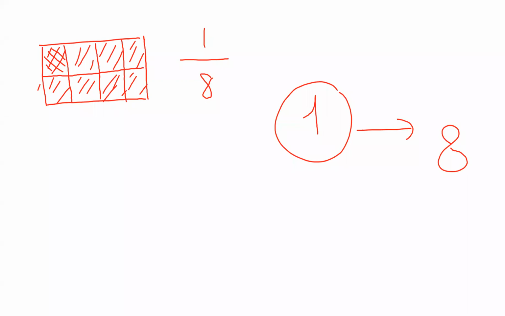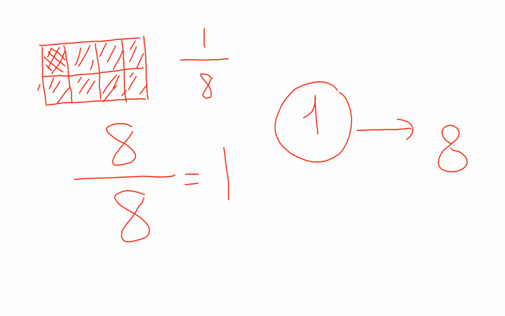And you told me that I have 8 shaded squares out of the whole number of squares, which are also 8, right? And at the beginning, we said that we have one rectangle. So this means that if the fraction of shaded parts over the total number of parts are the same, I'm going to go backwards a step and remember that this shape at the beginning was one shape.